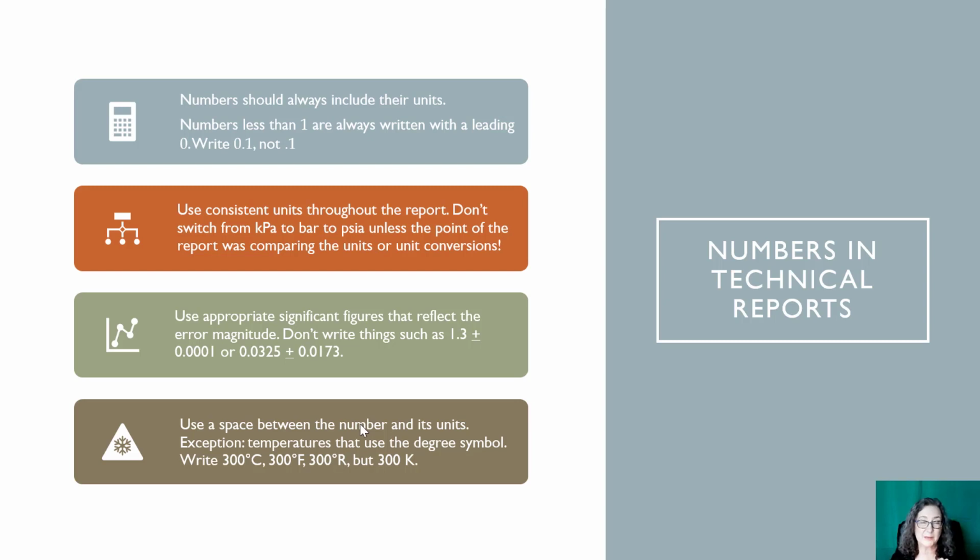Now there's an exception with temperature. Temperature is weird. Okay. If you use the degree symbol, then they get smashed up against each other. So the degree sign goes in that space. And there is a degree symbol that you can insert in Microsoft Word, okay, as one of your symbols.